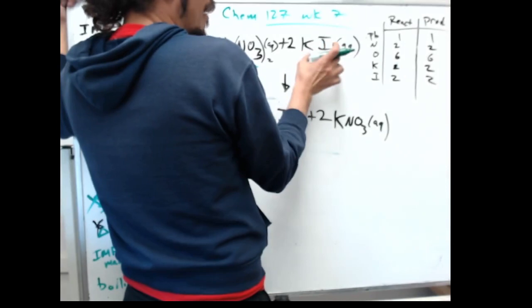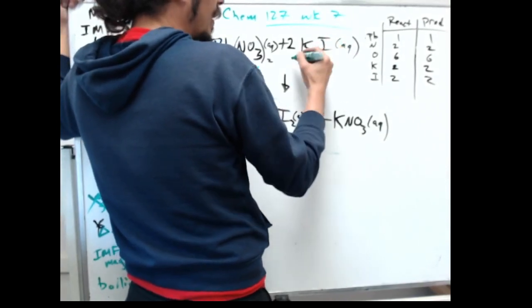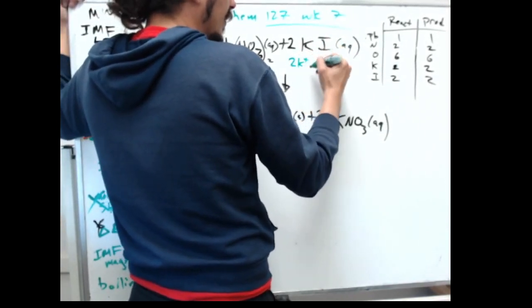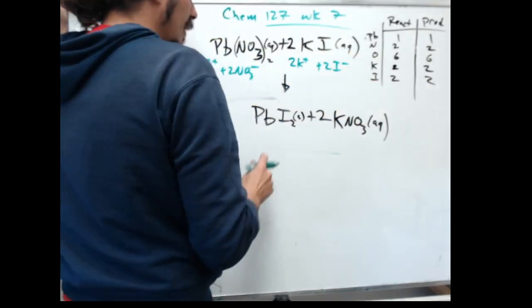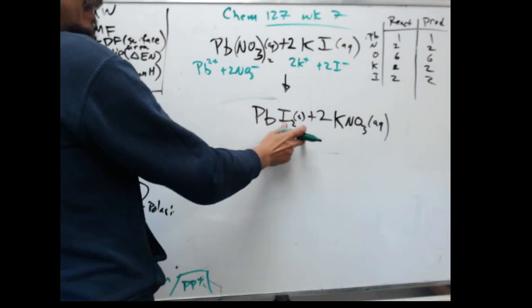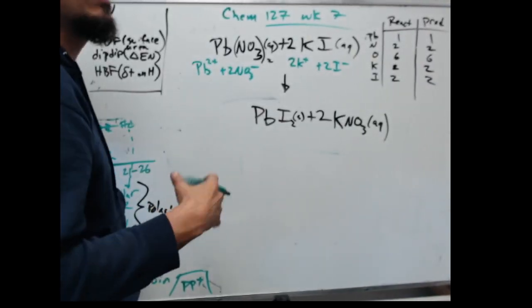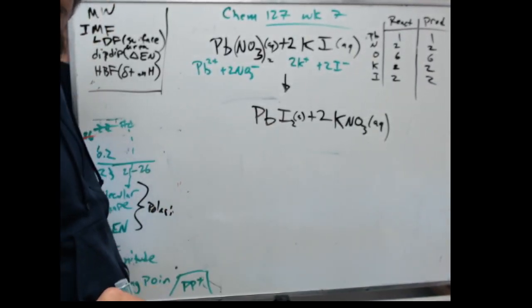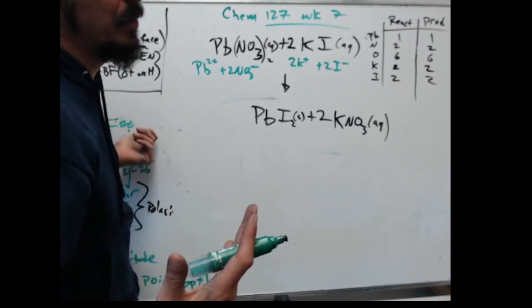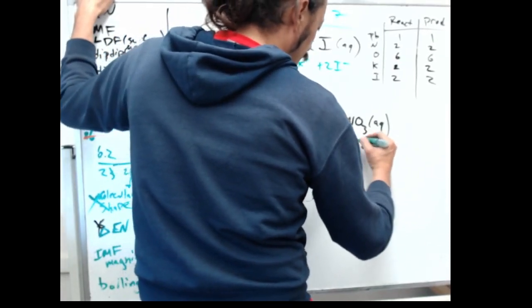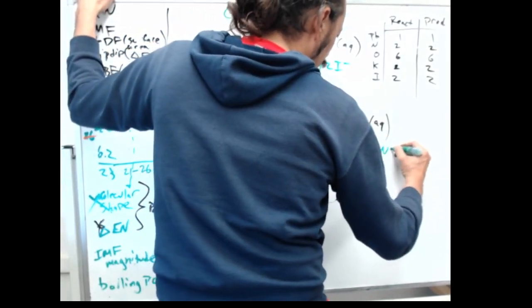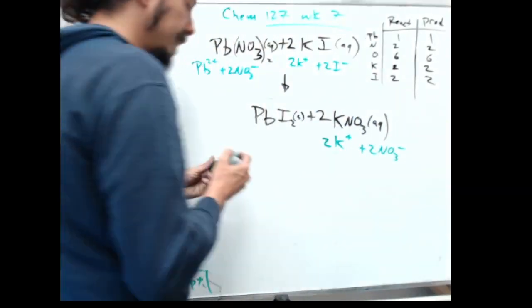Potassium iodide, I'm going to have 2 potassium iodides that both break apart, so I'm going to have 2 K plus and 2 I minus. Come down here, my lead iodide doesn't break apart because it's a solid. Check my solubility rules to make sure that's true. And also the problem told us it's a solid. So good hint there. My potassium nitrate becomes 2 K plus 2 NO3 minus.